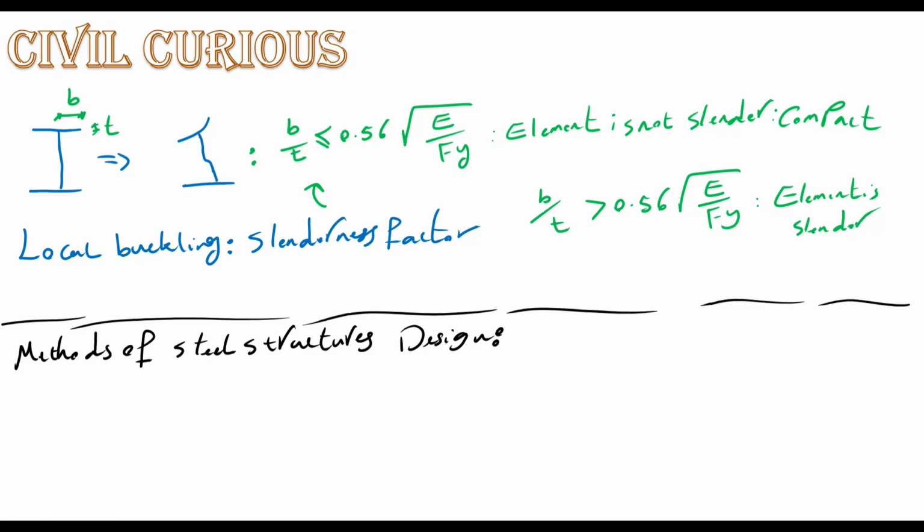It's design and analysis. The first method for design and analysis of steel structures is the direct analysis method. Let me write that.